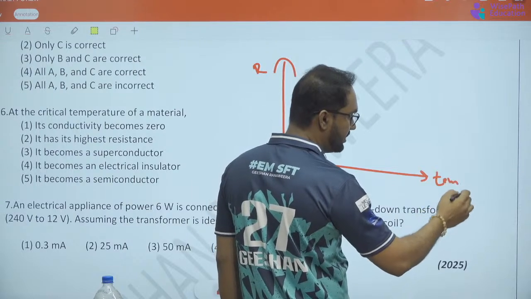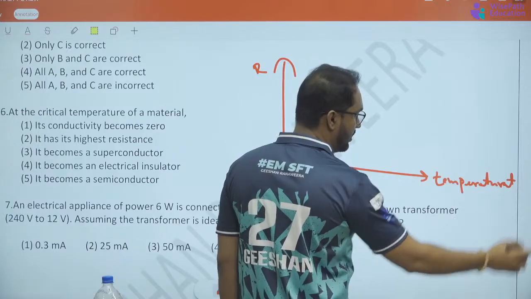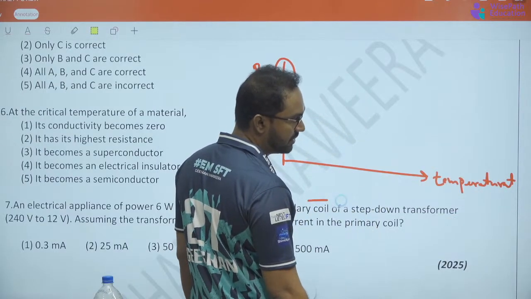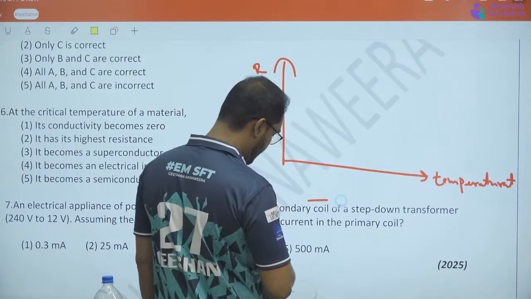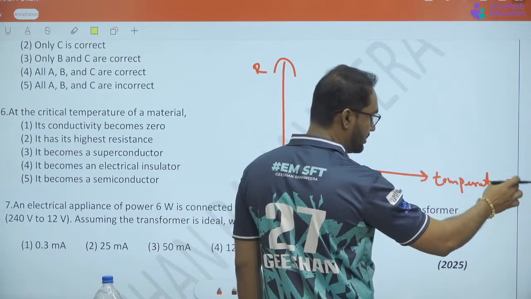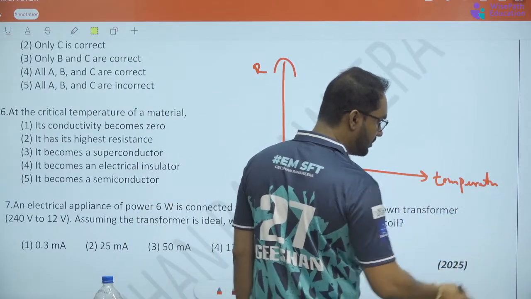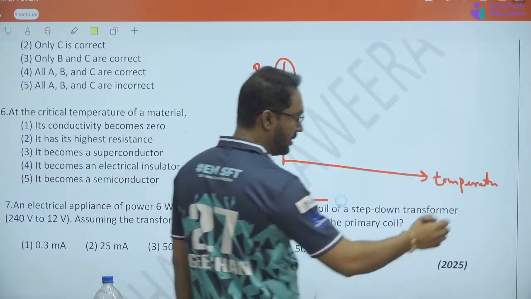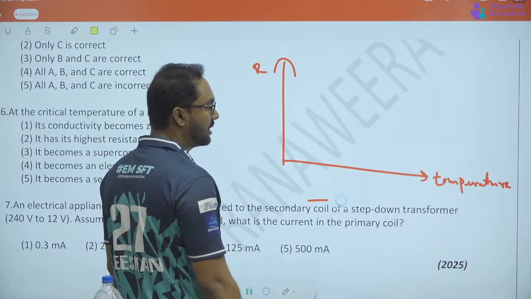So if you compare the temperature and the resistance in a superconductor, this is what happens.